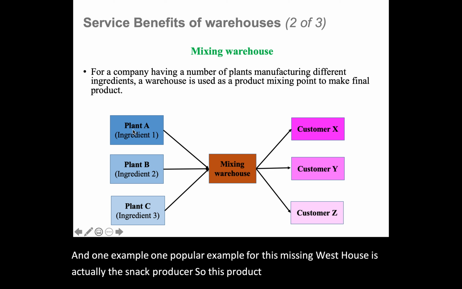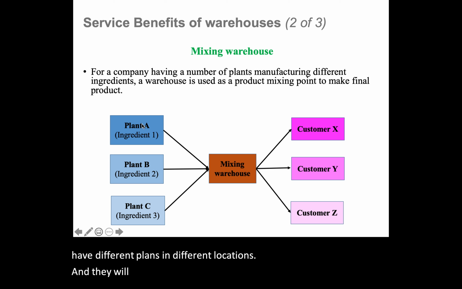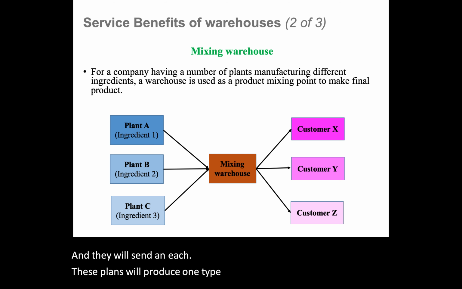This snack producer will have different plants in different locations, and each of these plants will produce one type or several types of ingredients, and these ingredients will be sent to the mixing warehouse to make up another new flavor. And from this warehouse, the new flavor will be shipped to the customer.